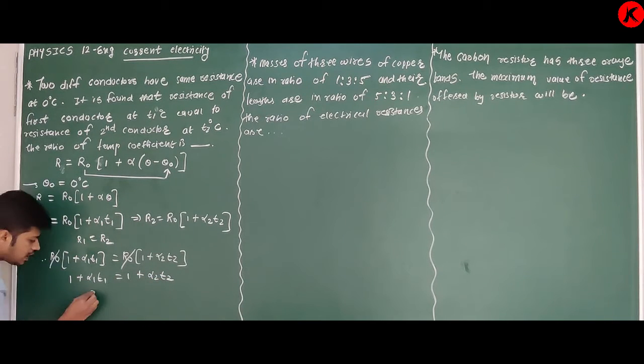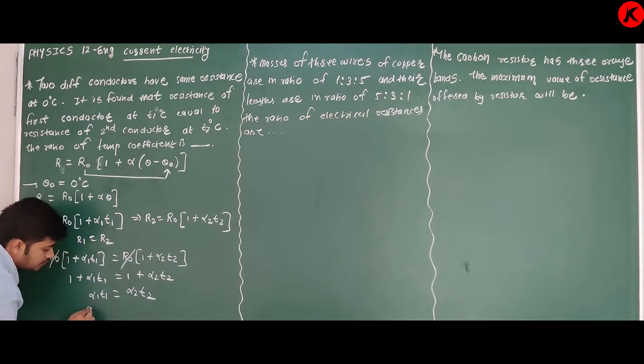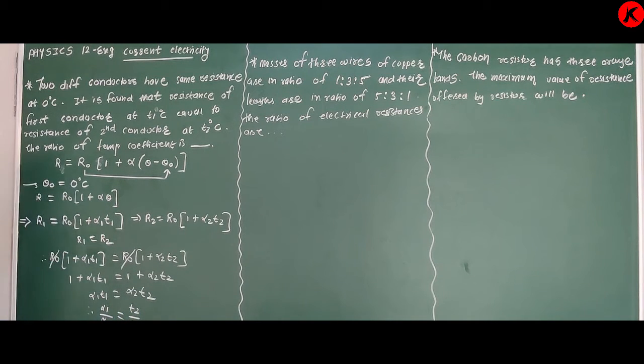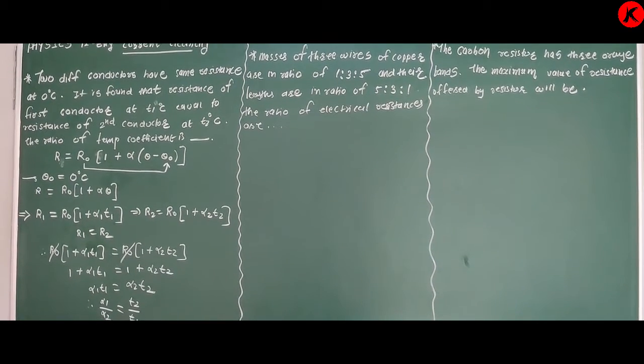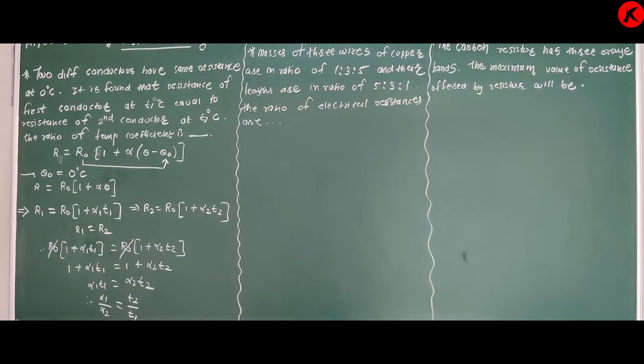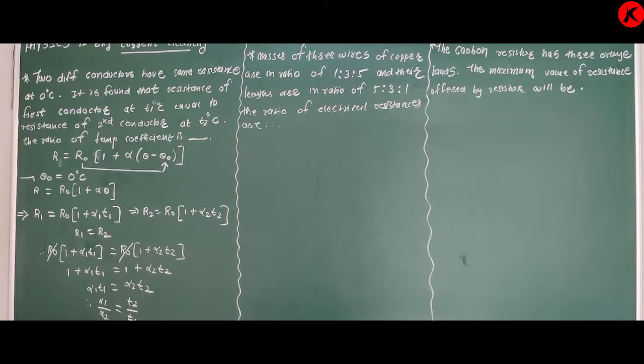The 1 also cancels, so alpha 1 T1 is equal to alpha 2 T2. Therefore alpha 1 upon alpha 2 is equal to T2 upon T1. What is the ratio of temperature coefficients? Alpha 1 upon alpha 2 is equal to T2 upon T1. Yes, it is simple. Clear about this?